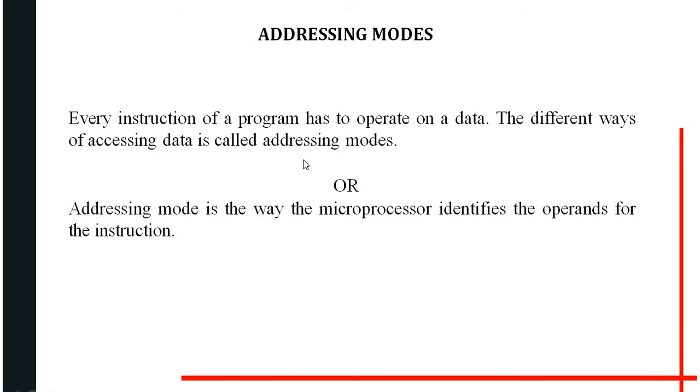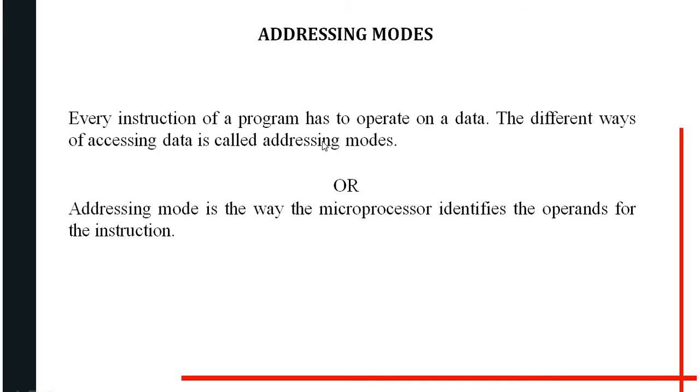Next, we will see the definition of addressing modes. Every instruction of a program has to operate on data. The different ways of accessing data are called addressing modes. The data can be stored in memory, in a register, or given directly by an input device.